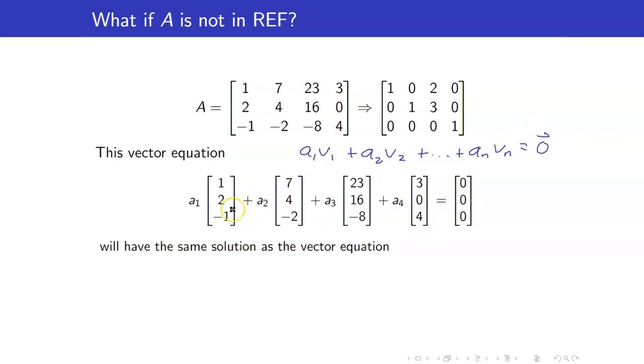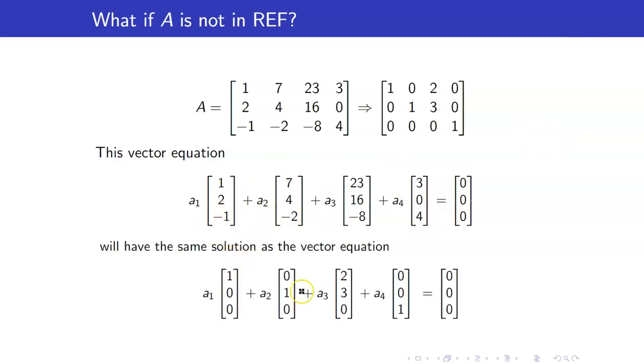Take note that this will have the same solution as this vector equation. Here, these columns came from this matrix, not in REF, whereas the columns here came from the columns of the matrix in REF. They will have the same solution because they are row equivalent to each other.